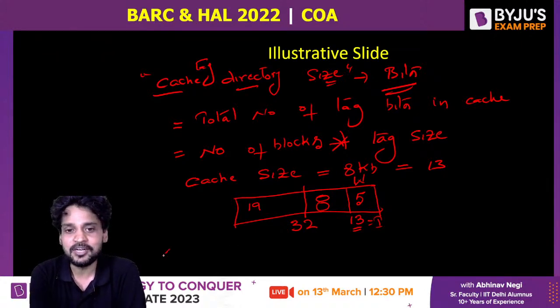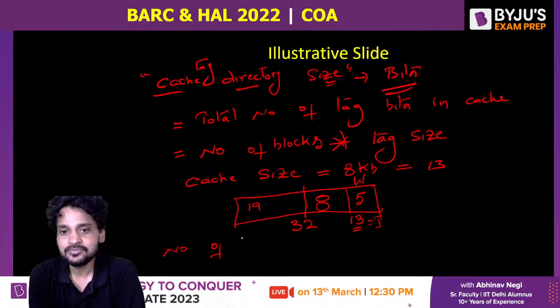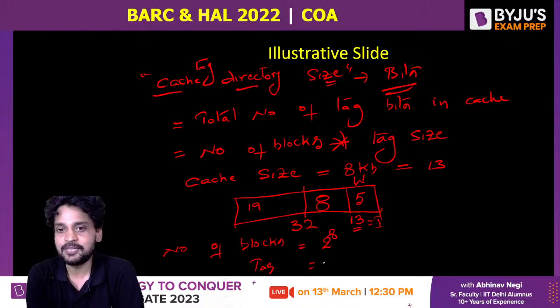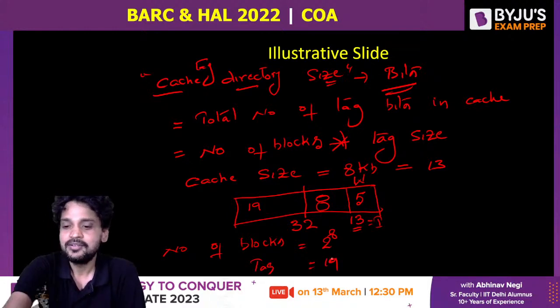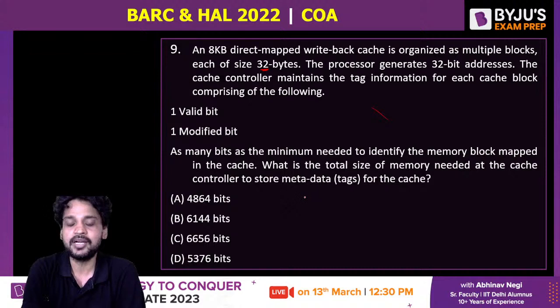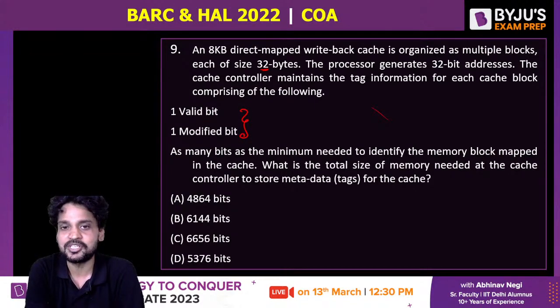Number of blocks is equal to 2 power 8. Tag size is equal to 19. Every tag entry also includes two bits, one valid bit and one modified bit.